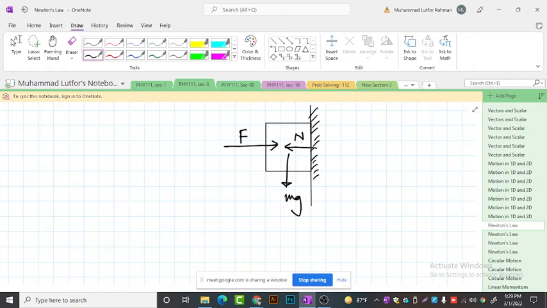If you keep a block on a wall with your hand, it is not going to fall downward. That is my question, why not? Although I am applying force horizontally, the downward force is mg, right? How is this F going to minimize that downward force? This is a real case, right?